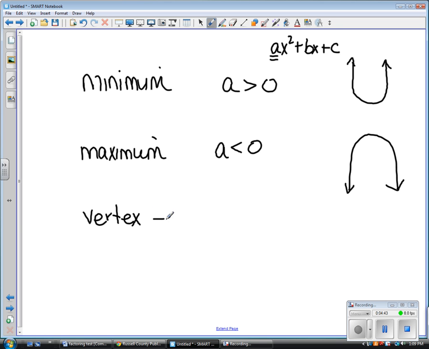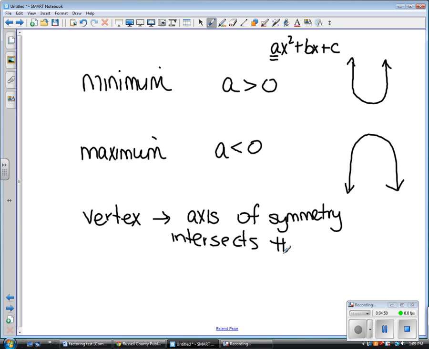Some people refer to that as where your axis of symmetry intersects the parabola. So if I'm talking about a vertex, and that's my parabola, the axis of symmetry is that imaginary line.